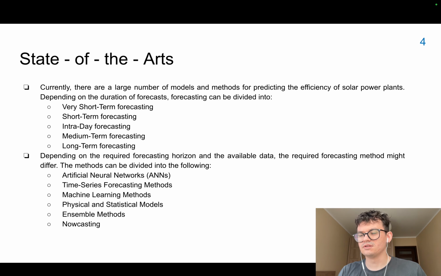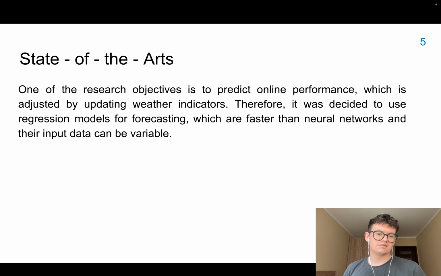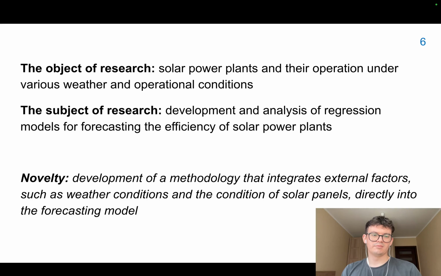But today we won't focus on their pros, cons, and typical spheres of usage, and only want to mention that one of the research objectives is to predict online performance, which is adjusted by updating weather indicators. Therefore it was decided to use regression models for forecasting because they are faster than neural networks and their input data can be variable.